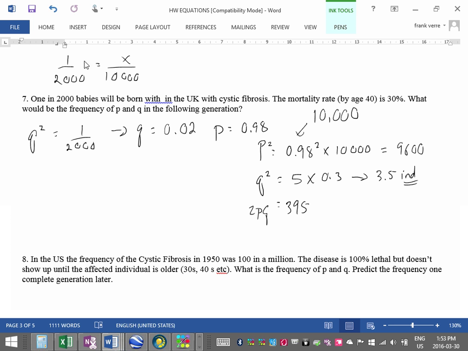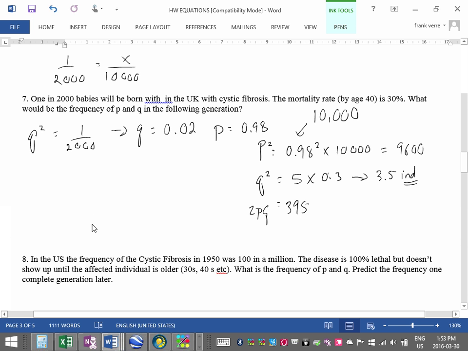We can say, okay, how many alleles do we have? Let's think about this. We're going to add it all up as a number. So here we have how many individuals? 9,600 plus 3.5 plus 395.